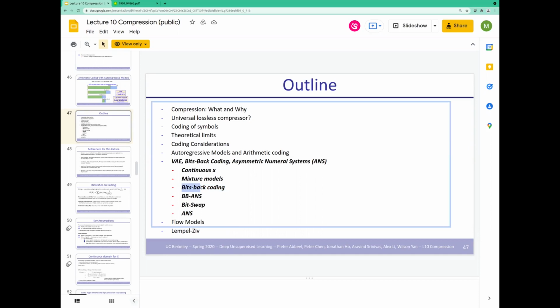That's where most of the focus is. There are two separate ones: the continuous ones, and then the Lempel-Ziv ones. But all the rest are based on bits back coding.